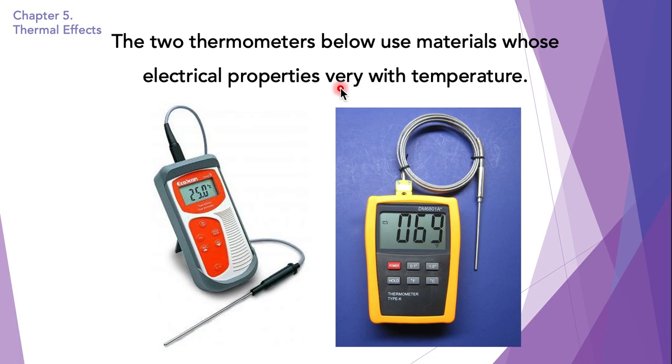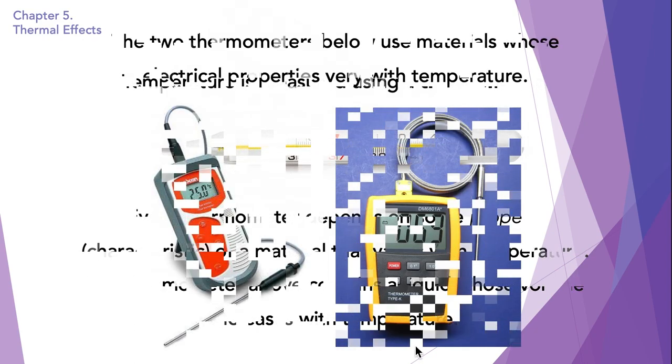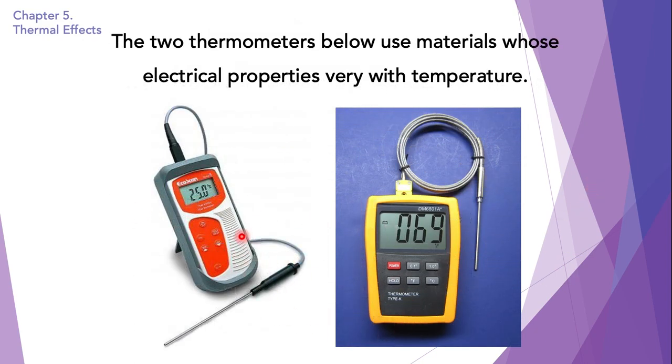Right now it is written very. Sorry for that. What we are understanding here is that every thermometer depends on some property of a material that varies with the temperature. This one contains a liquid whose volume increases with temperature. And these two use materials whose electrical properties vary with the temperature.